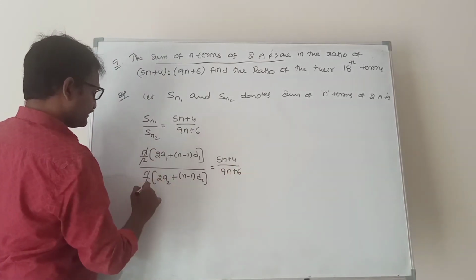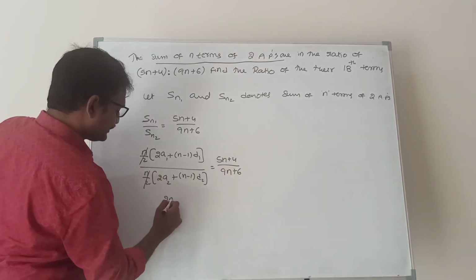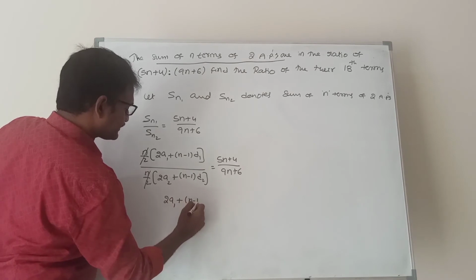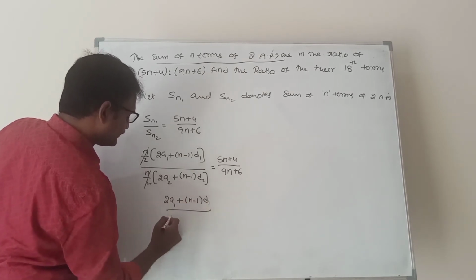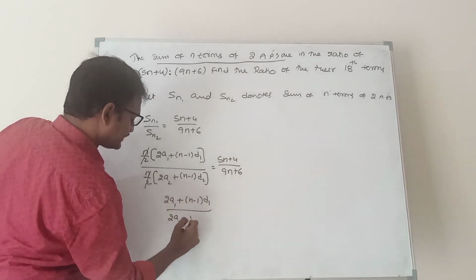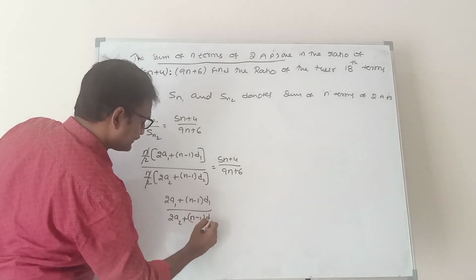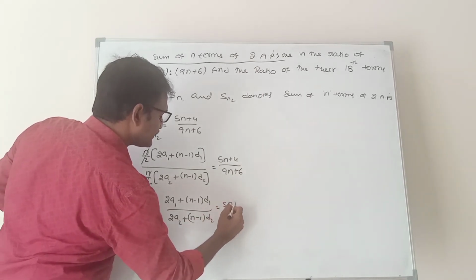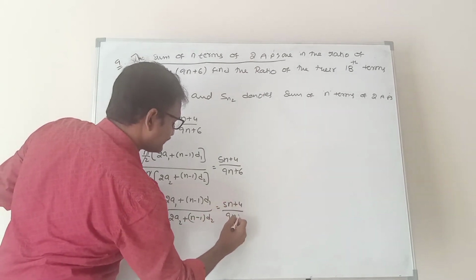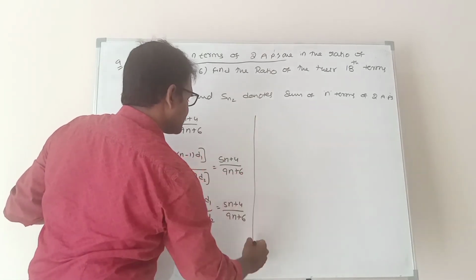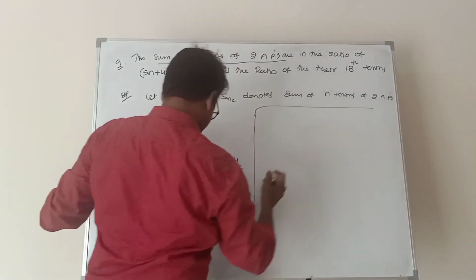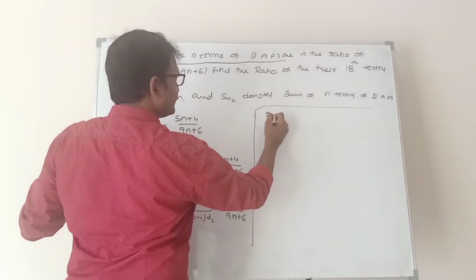n/2 cancels. So [2a1 + (n − 1)d1] by [2a2 + (n − 1)d2] is equal to (5n + 4) by (9n + 6). Take 2 common from the numerator and the denominator.